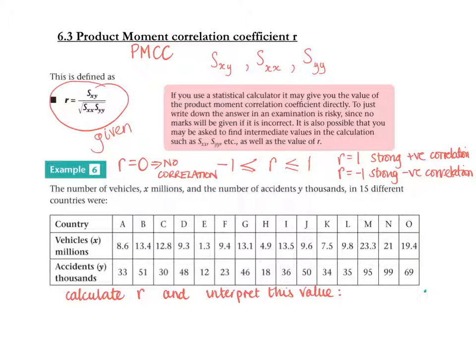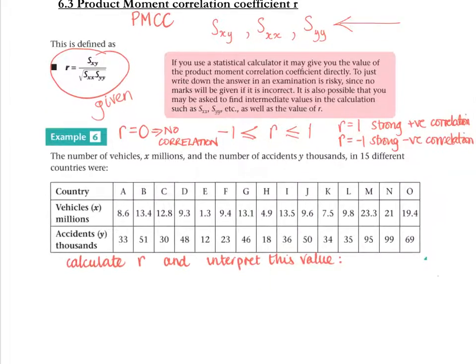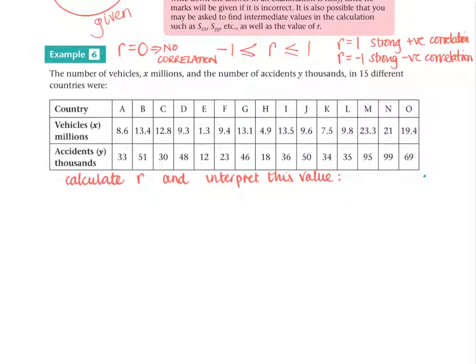That's the sort of thing you'd be asked to do in an exam situation. But as I said, these values of covariance would probably be given to you, and then you've just got to do some substitution into equations. So I'm going to give you some of these values so that we can do a calculation for r. And the following data is available.